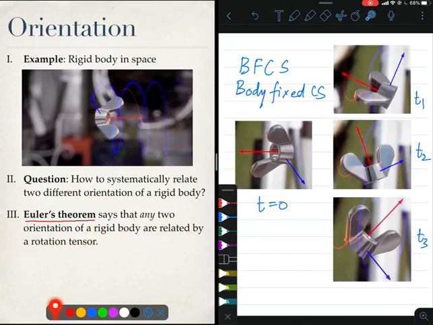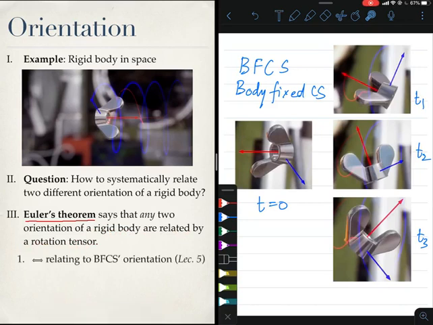We saw that at the end of the previous lecture, lecture 5, and we proved this theorem by drawing this body fixed coordinate system and looking at its orientation. So we said that the orientation of the rigid body is actually the same as the orientation of the body fixed coordinate system. Okay, so that was lecture 5, and you should go back and remind yourself of that. So that's how we proved Euler's theorem.